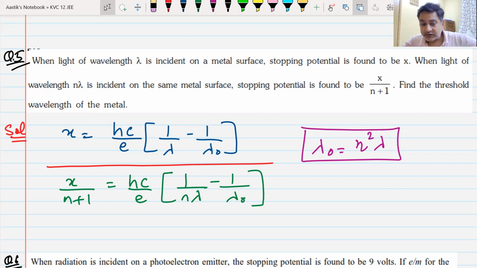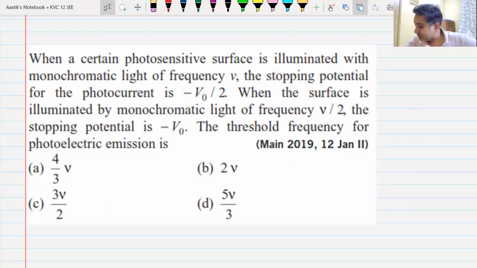Can you give me the answer for this one? We have already done this. Yes, question number 5. This is question number 5 in my sheet. Yes, bacha.